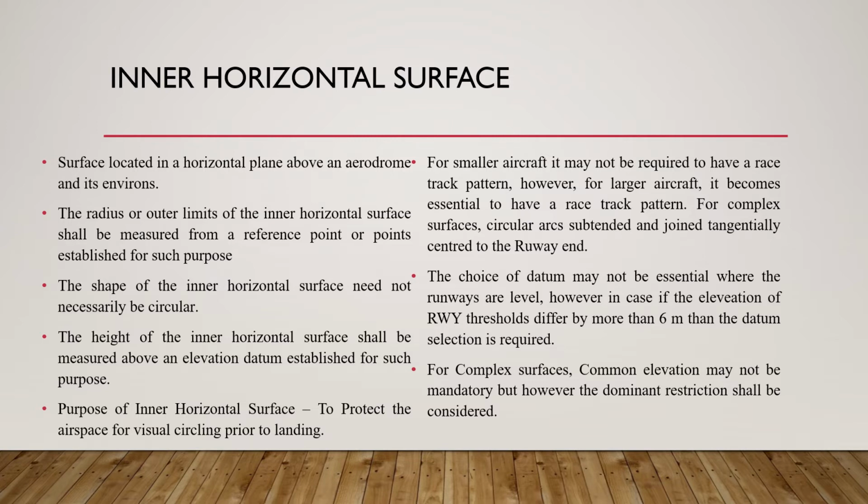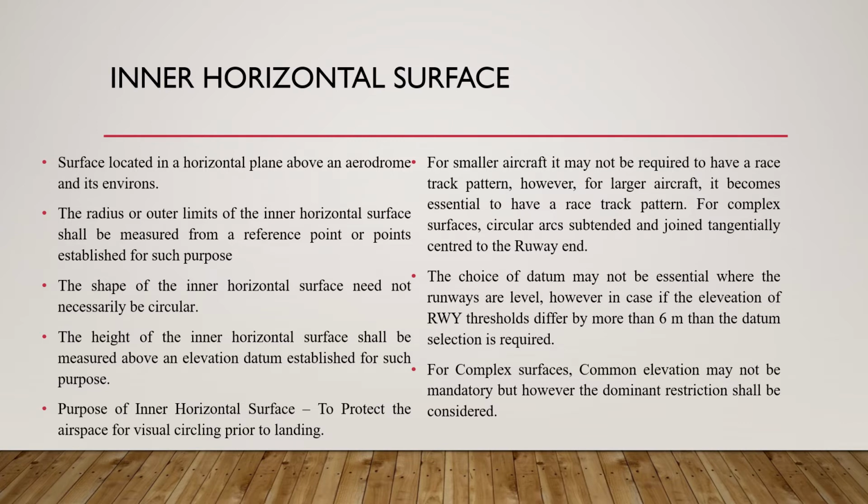The radius or the outer limits of the horizontal surface will be measured with reference to a reference point or points, in case they are established for such purposes. The shape of the inner horizontal surface may or may not be circular in nature. The height of the inner horizontal surface will be measured above an established elevation datum.